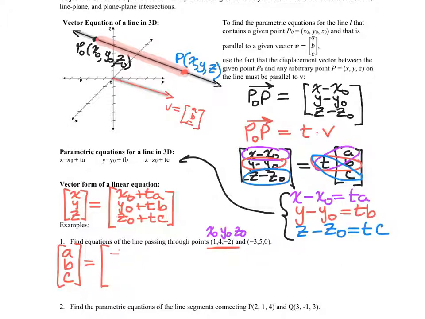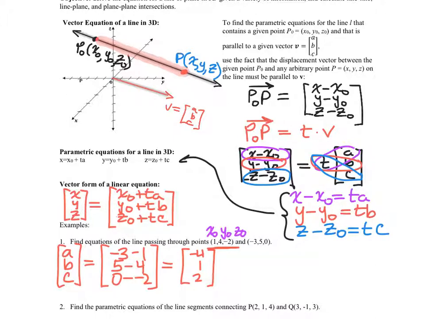I'll do negative 3 minus 1. Just keep it consistent with all the math that you've learned throughout your lives. Usually take the second value and subtract from it the first one. So we're talking negative 4, 1, and 2.